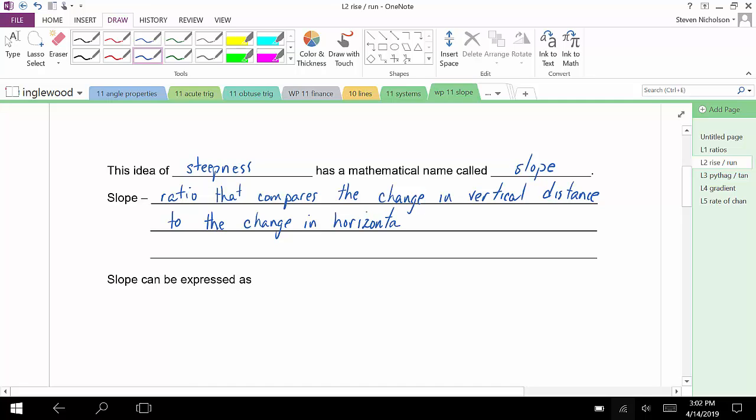So with the water slide, you're going to have a much bigger drop compared to the width of the water slide. And on a wheelchair ramp, you're not going to have a very big drop compared to the width of the wheelchair ramp.